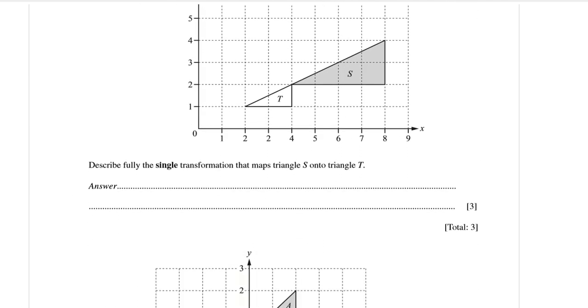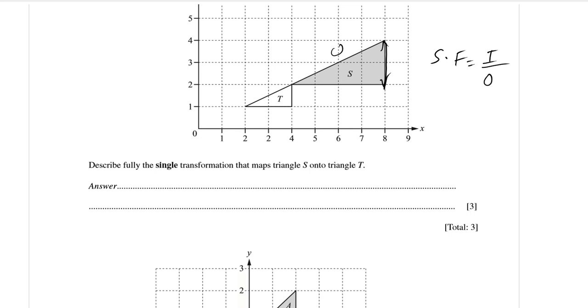Describe fully the single transformation that maps triangle S onto triangle T. So obviously this is enlargement with the scale factor, which must be in fraction form. I think it's 1 by 2. You can take any one side into consideration. This side is the object's side, and your scale factor is taken when you divide any side from the image with the object.